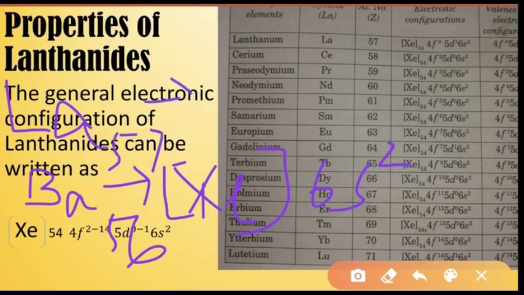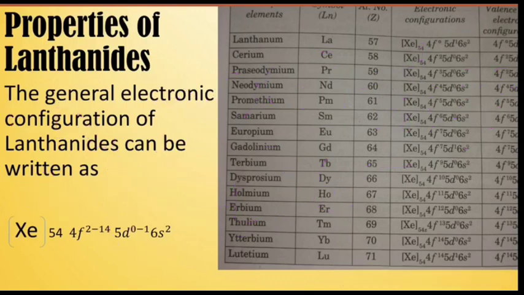The next element after barium is lanthanum, 57. According to the above principle, the 57th electron must enter the 4f orbital to give 4f1, 5d0 and 6s2. But in lanthanum, the energy of the 5d orbital is lower than that of the 4f orbital.